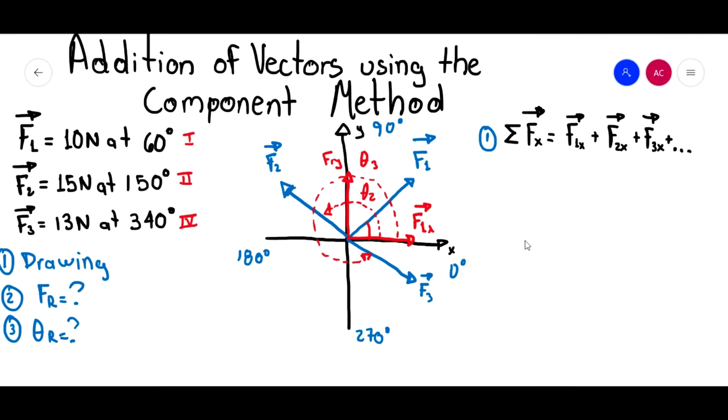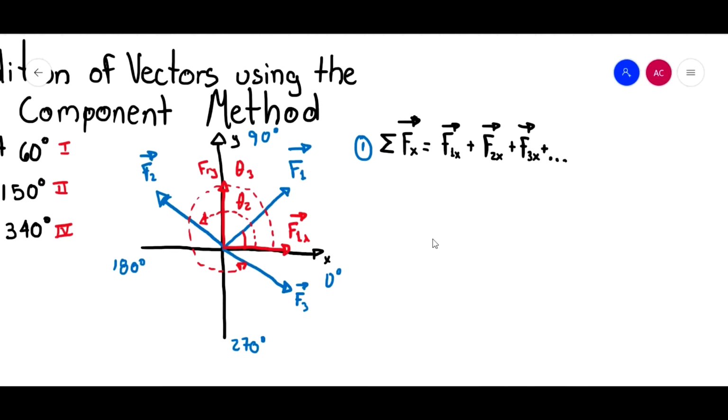This method can be used with a lot of forces. This is the first one, and I'm going to write the second one, which is going to be the same, but using the vertical component.